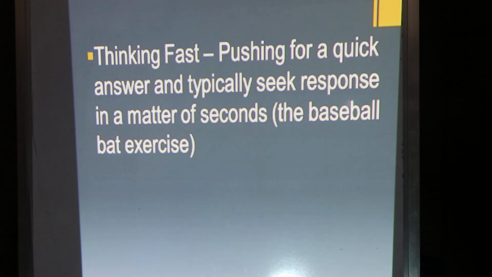It's either lalaban sila or tatakbo. So ganun din sa atin, we may not be facing the same life-threatening situation, but we can fall into that type of thinking, and it's not strategic. We can make a lot of mistakes by falling into that thinking fast bias.